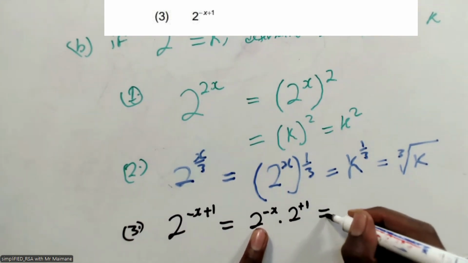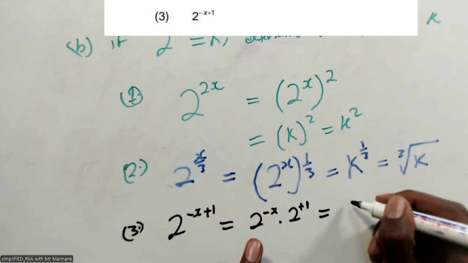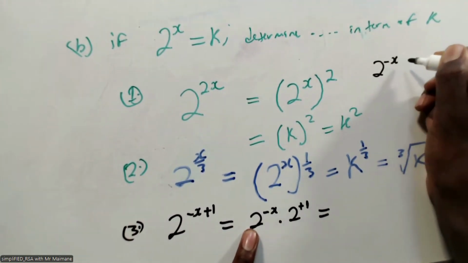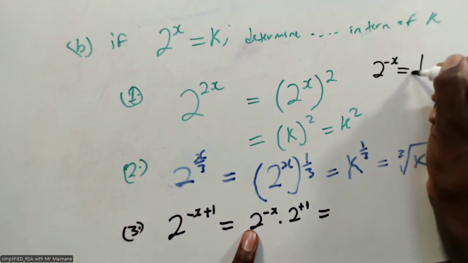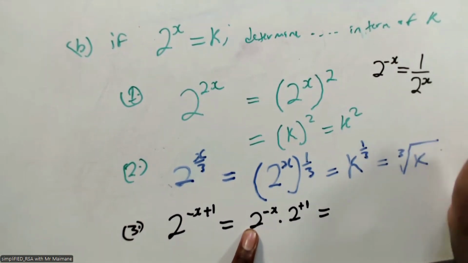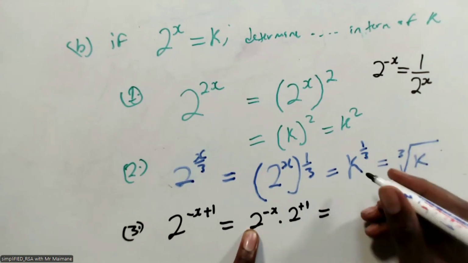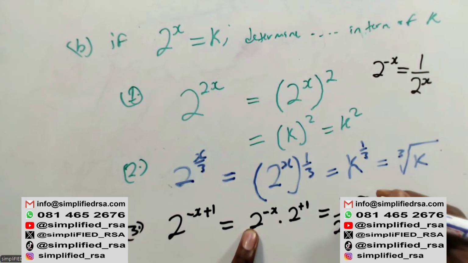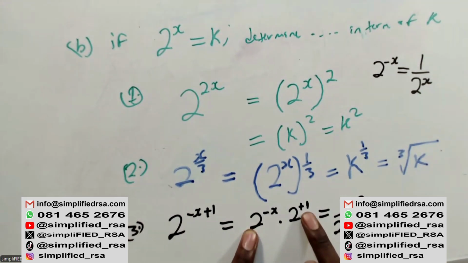This means that I have 2 to the exponent minus x, guys. This is the same as 1 over 2 to the exponent positive x, in terms of the rules of the exponents. So here I'll have 1 over 2 to the x times 2, because it's 2 to the 1.